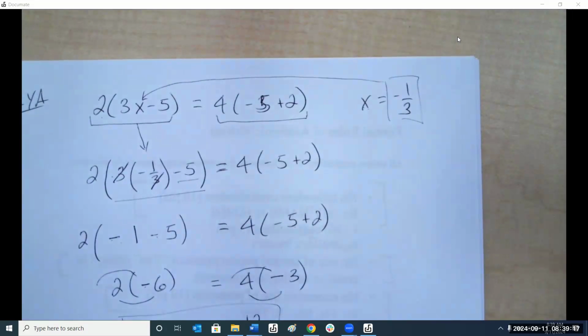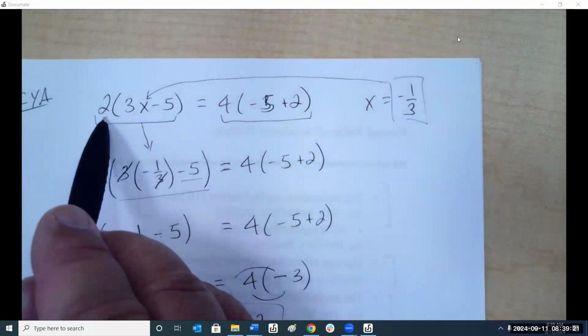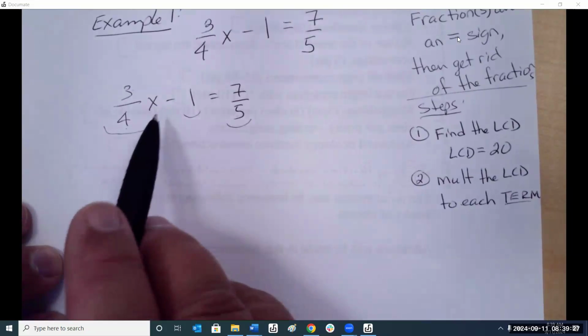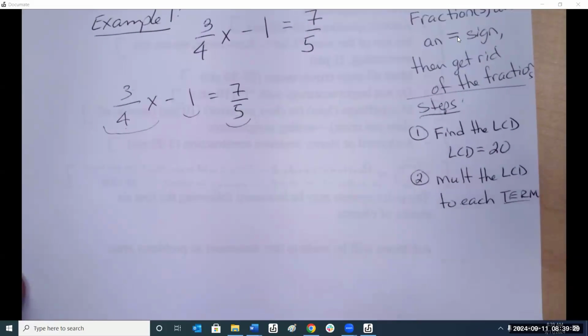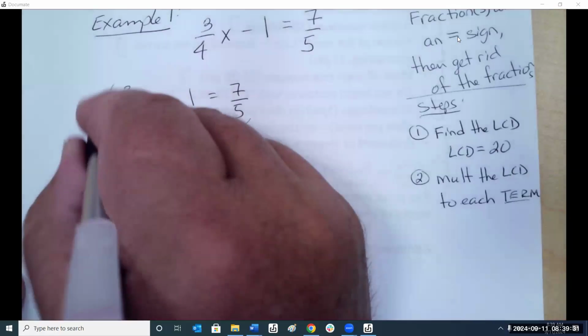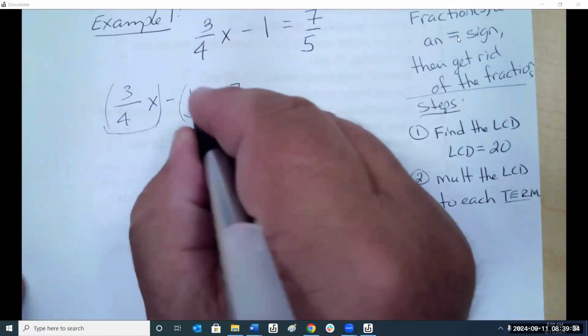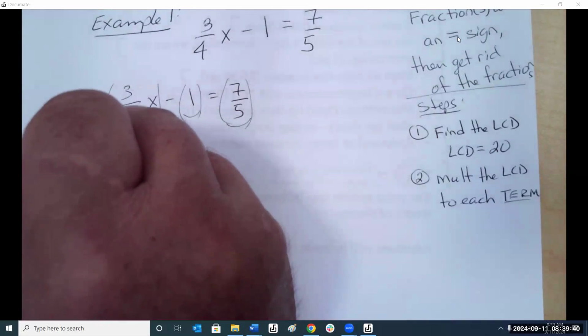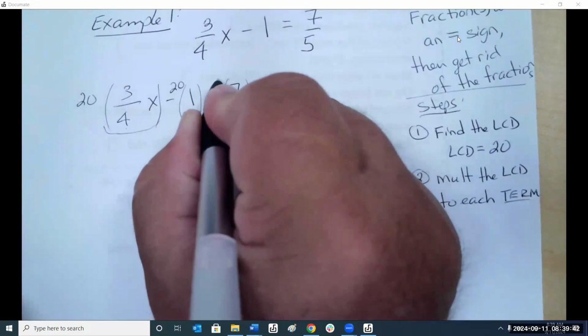So if it's inside parentheses, whatever's inside the parentheses is one term, one number. If it's got a coefficient, then it counts as one term. So here we have 3 terms. So multiply the LCD to each term. All that means is anything separated by a plus, minus, or equals, put parentheses around it, and then put the LCD in front of it.